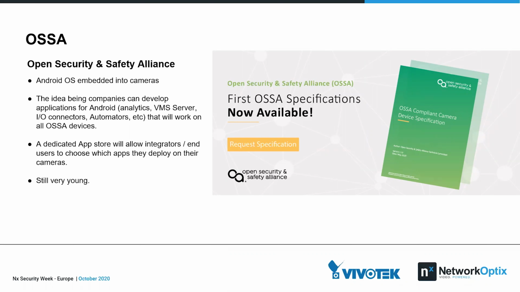You can just download it, pay the license, install it in the camera, and your camera now has this analytics embedded, if it works, of course, on the Android operating system. This is something that we believe will rise in the next years, as it will provide more flexibility and more choice for the integrators and the customers who want to use edge image analytics.